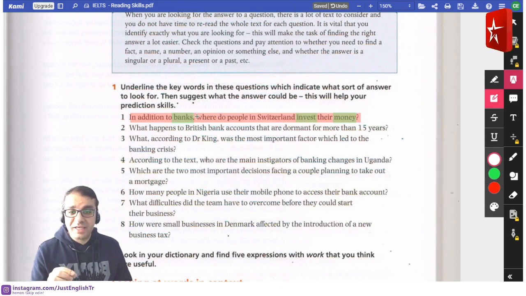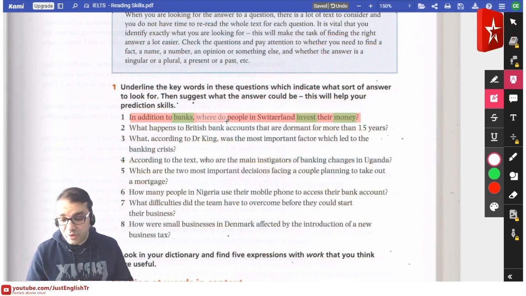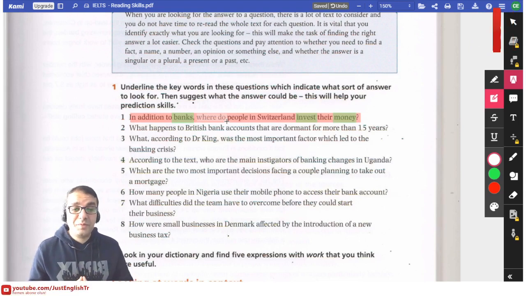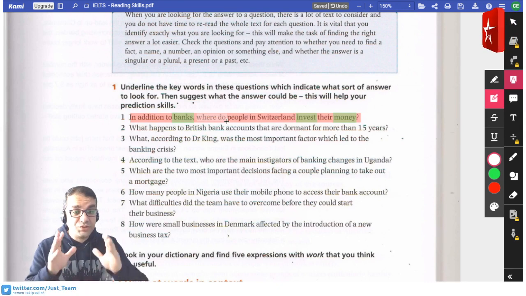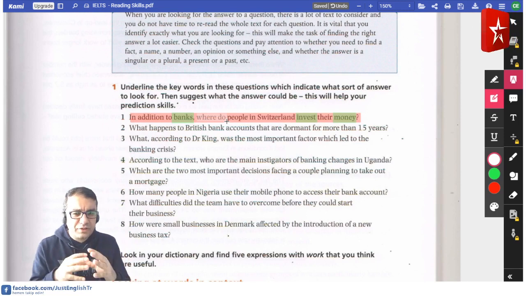The key is where, because we're actually asking for location, not invest. All of you were mistaken. The reason is that all of you were thinking of the words. But remember this: money, invest, banks are all related to the same thing, right?